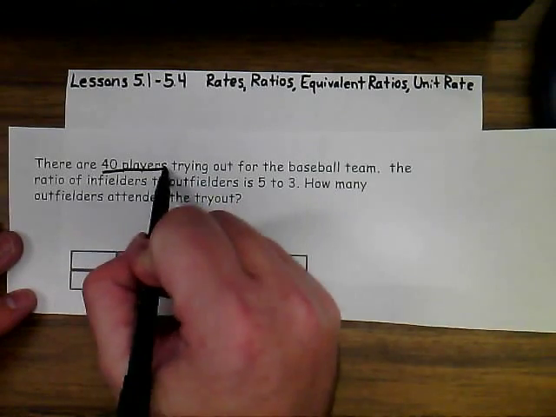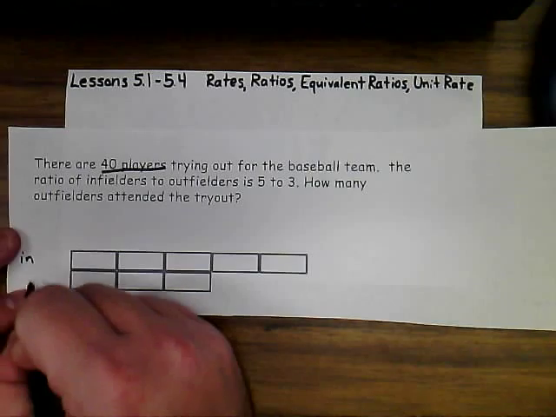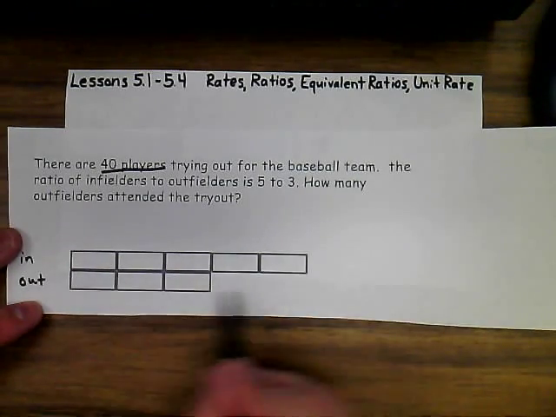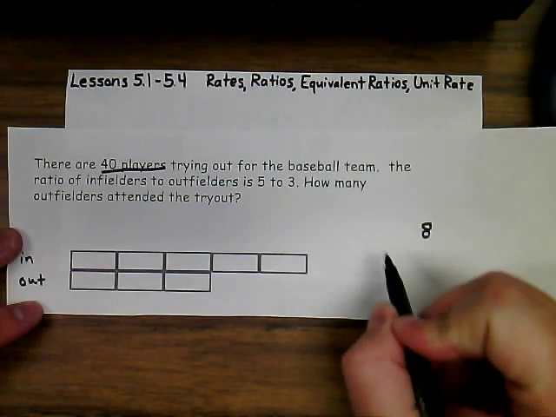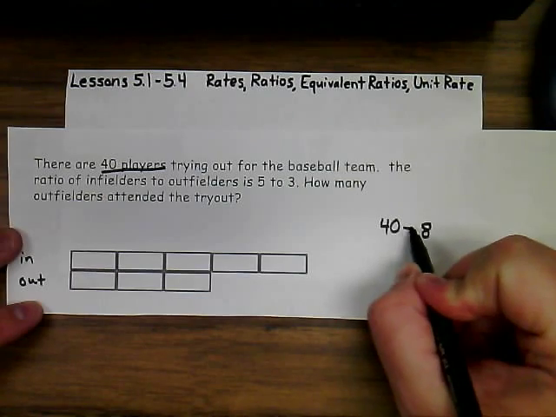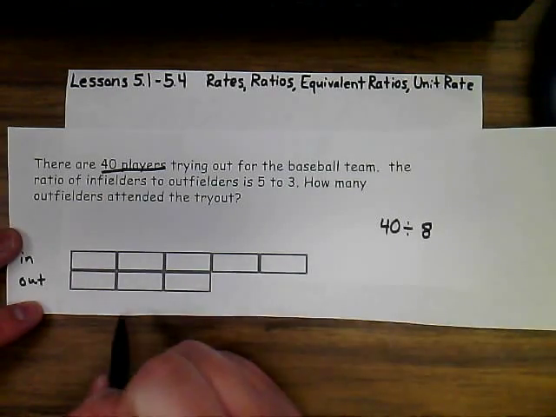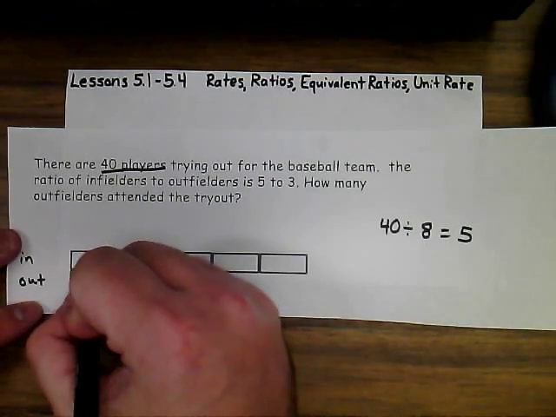Well, because there are 40 players, you can see that this ratio of infielders to outfielders is 5 to 3. Well, that's a total of 8 here in the tape diagram. And so that 8 is the term we're interested in working with, because if we divide the 40 total players by the 8 pieces of tape that represent the ratio, you find that each piece of tape is valued at 5 players.